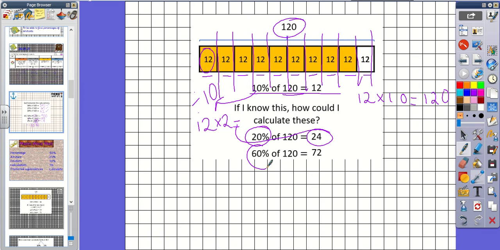We know what 10% is, so 10% equals 12, so we then need to do 12 times 6, because 10% times 6 is 60%, okay? And then 12 times 6 is 72. So I have used my knowledge of what 10% is, and then I have multiplied my answer of 10% by whatever percentage I have got.